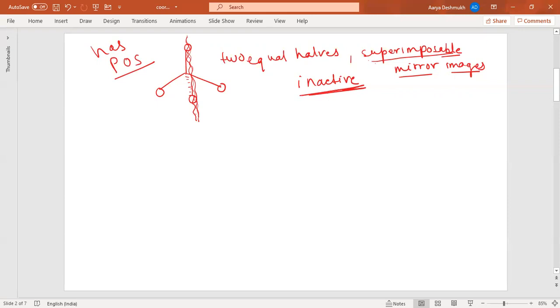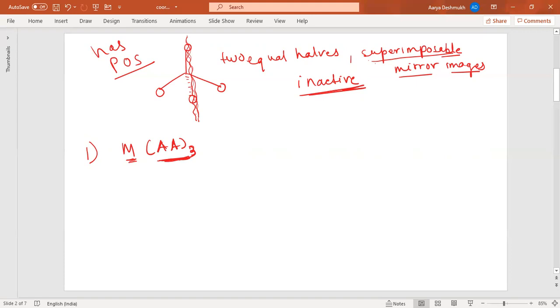Now, let us discuss different cases. Number one, like M(AA)3. This AA is a bidentate ligand, meaning there are two donor atoms. This is the metal atom, and three bidentate ligands are attached, so the coordination number will be 6 here.